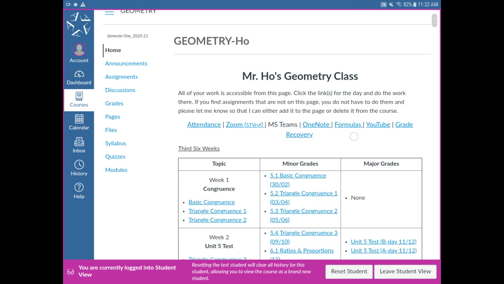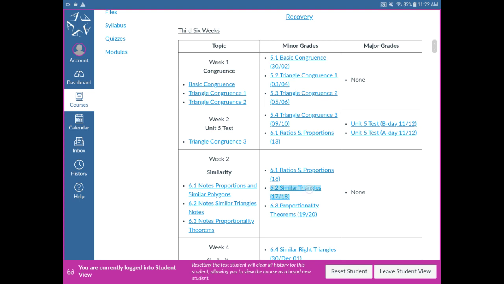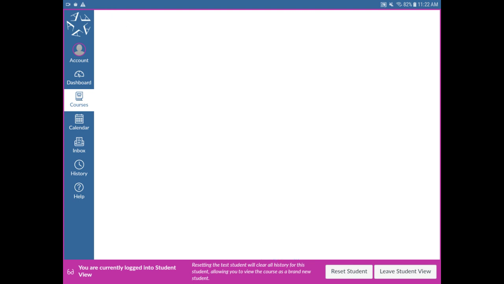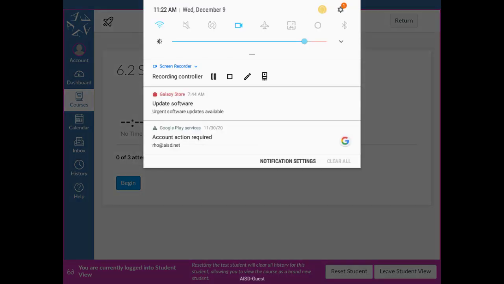For 6.2, similar triangles. I'll wait for this to load. Okay, so here's 6.2. So VUT. First, you have these sides and these angles.